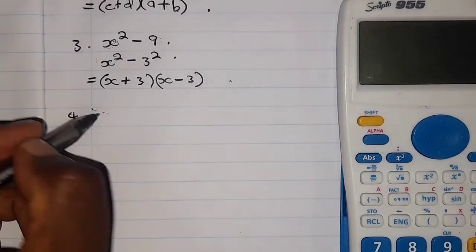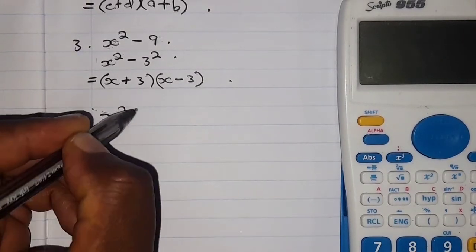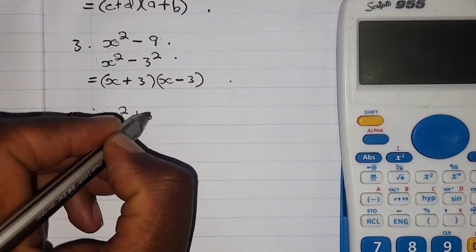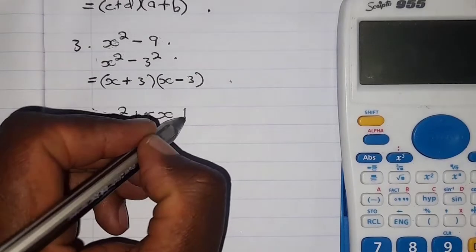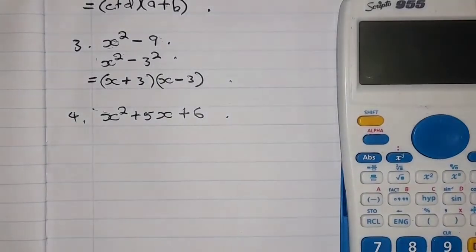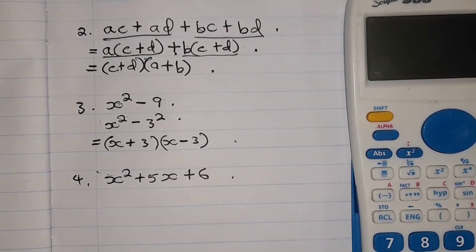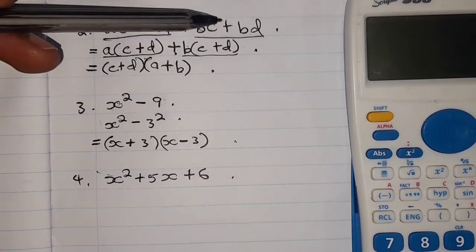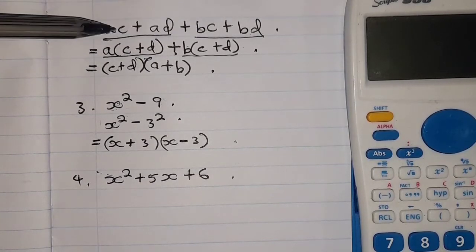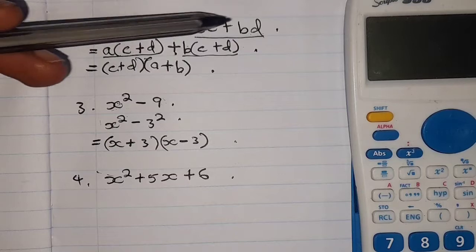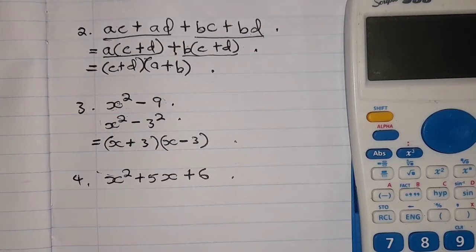Question number 4. This is x squared plus 5x plus 6. All right, how do we factorize this expression? It was easy factorizing the previous expression with 4 terms.